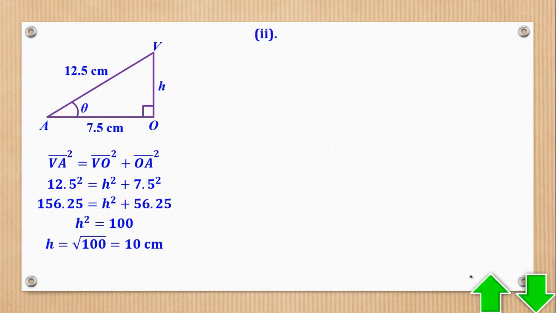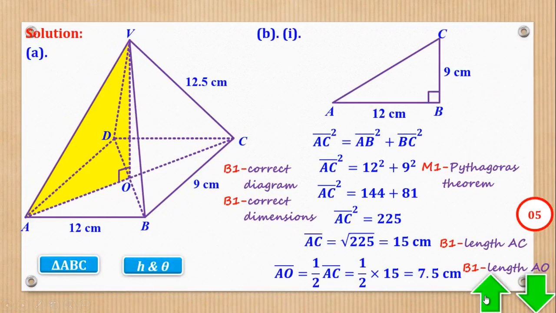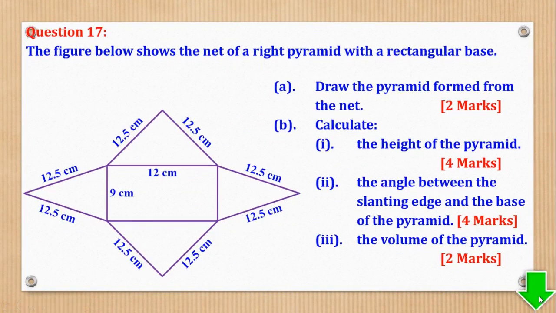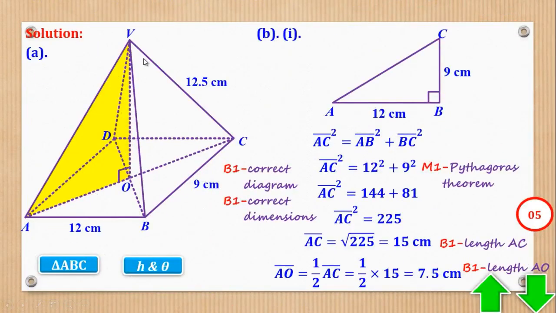Then for Roman 2, they wanted the angle between the slanting edge and the base of the pyramid. This is the slanting edge and this is the base. So the angle between, we shall still use this triangle and get this angle. That is angle VAO.